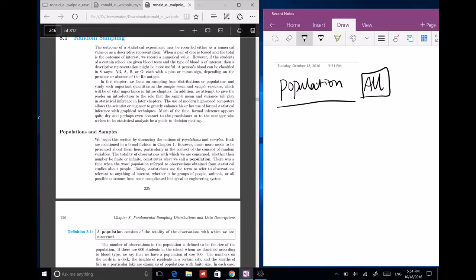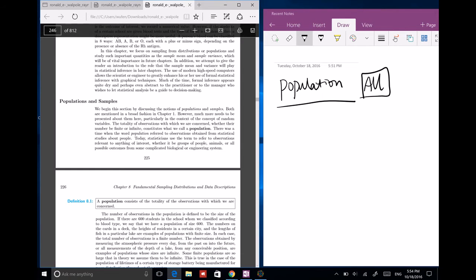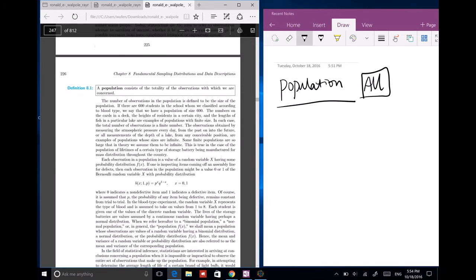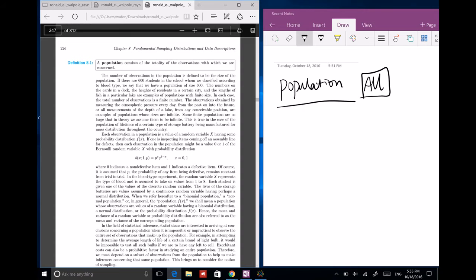There was a time when the word population referred to observations obtained from statistical studies about people. Now we use population to mean the totality of all the observations in which we are concerned. You can read page 226 for examples of population.